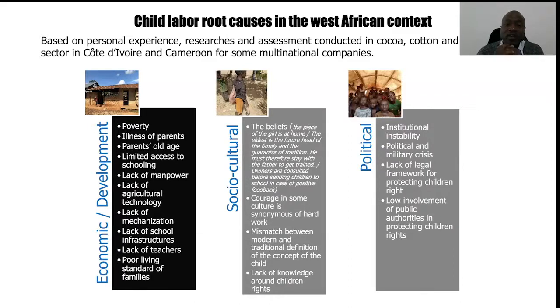But one of the key factors is the lack of manpower. Even when we were talking about ill parents or old parents, if finding manpower were easy in communities, then families could hire such young people, such adult labor, to use them on their farm.